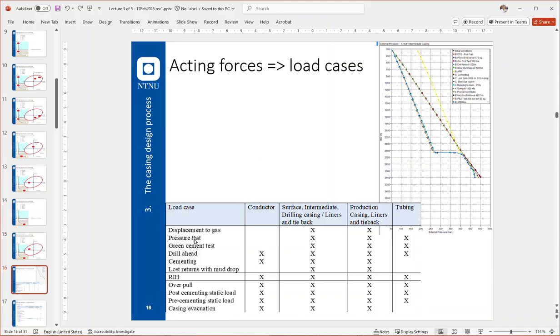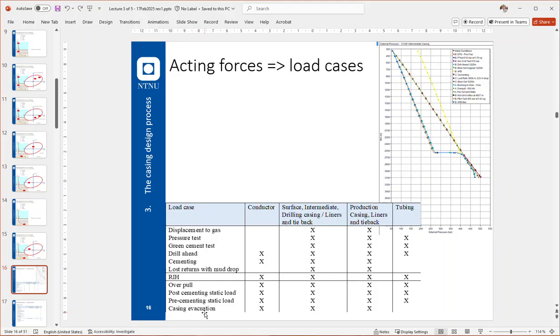The different load cases listed here, all of these ones are purely what we call drilling loads. Drilling loads are not really limiting or determining our casing per se. These scenarios are not the ones that set or determine the grade or thickness of our casings.